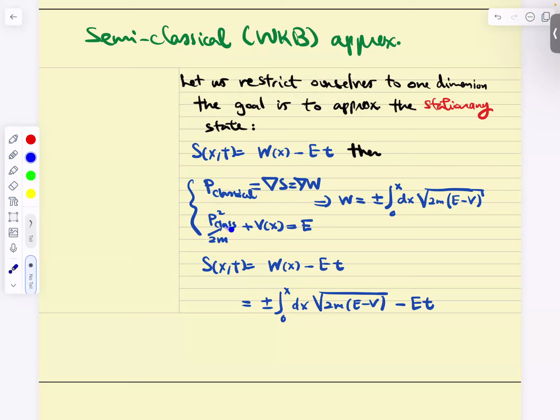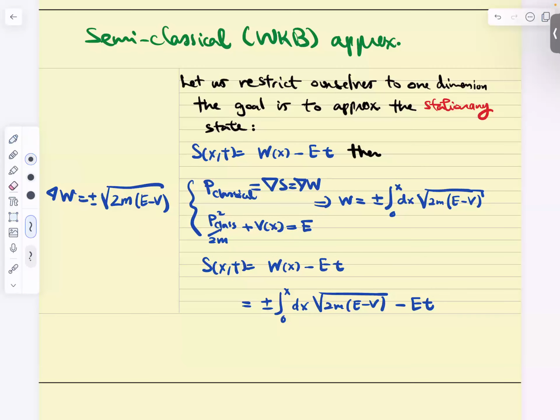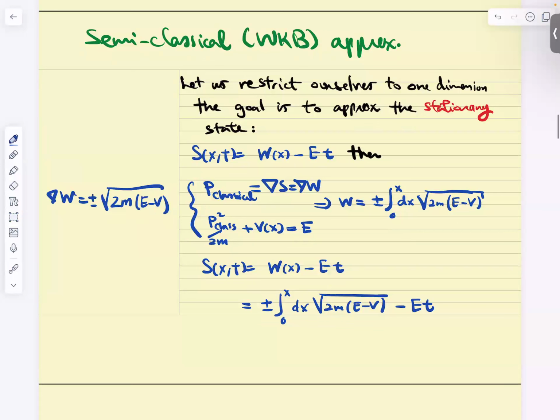So from this equation, I can write P as the square root of 2m times E minus V. Putting the left-hand side equal to the right-hand side, you find that the gradient of W should be plus or minus the square root of 2m times E minus V, equal to P classical.